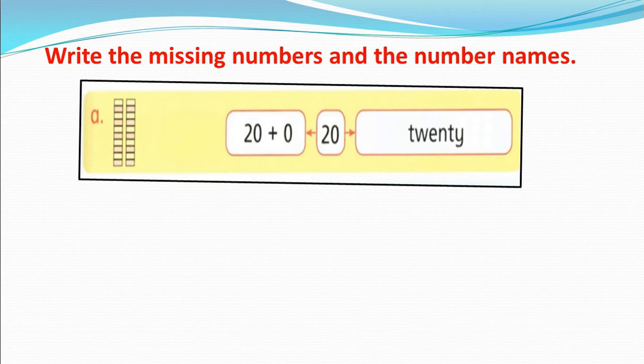Now add them. 20 plus 0 equals 20 and now here is the number name of 20.